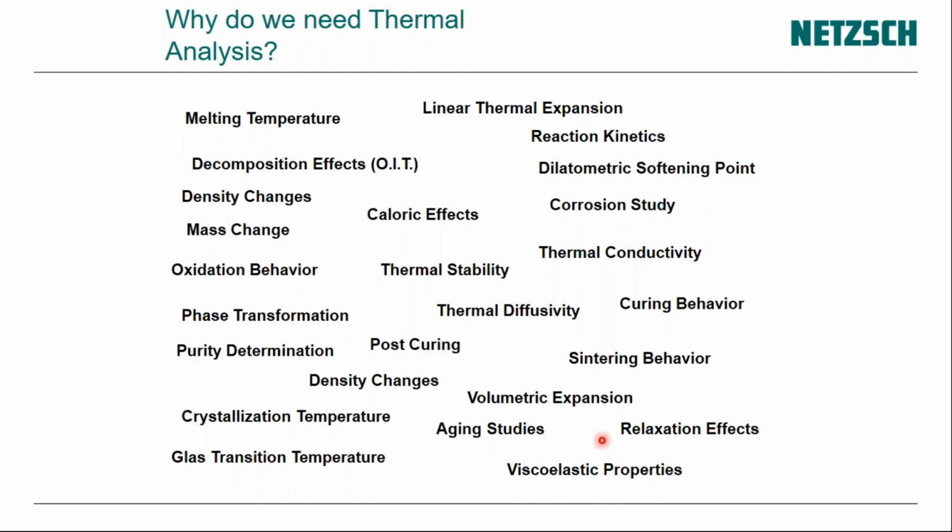We can also study viscoelastic properties, volumetric expansion, thermal conductivity, and a lot more. It's one of the most well-known techniques to characterize a material. Now, how do we do it?